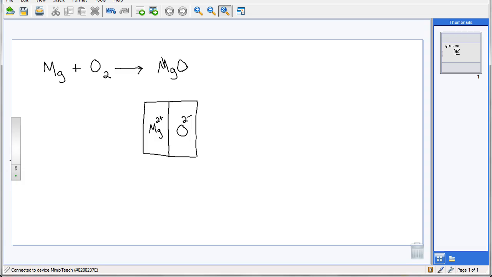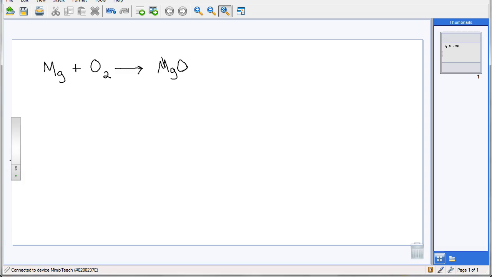So there is our first product. But it is not done. We still have to balance our equation. So we have one magnesium on the reactant side, we have one magnesium on the product side, so that's good to go. We have 2 oxygens on the reactant side and only 1 oxygen on the product side.